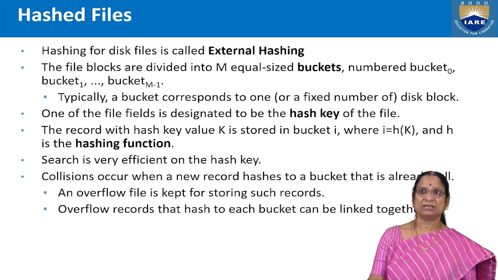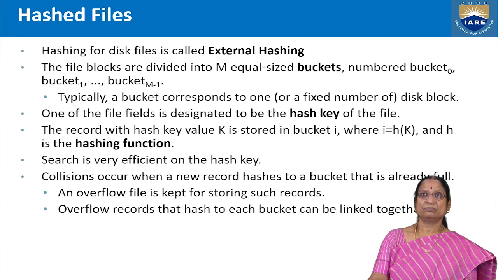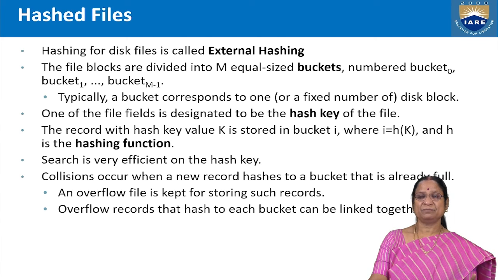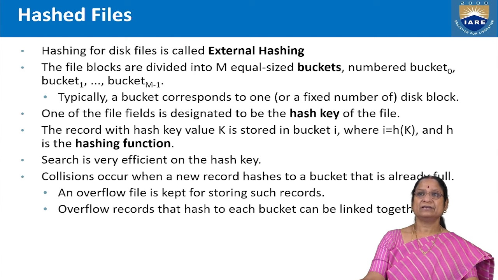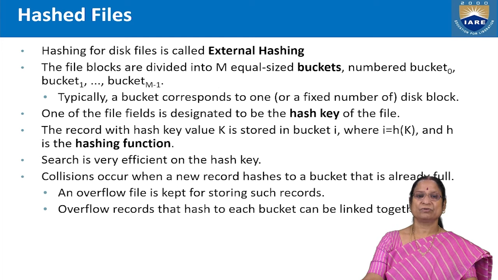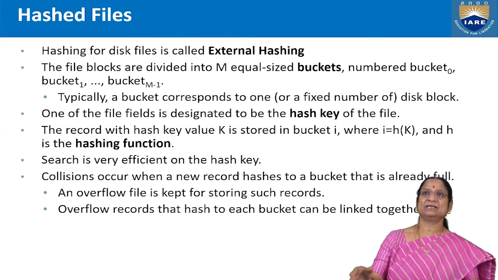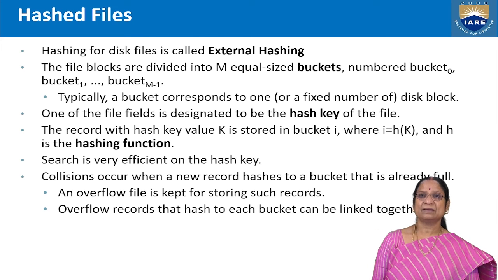Then there is the hash key. On a particular attribute or a set of attributes, the hash function is applied to get the address of the respective record. What is a hash function? It is a mapping between the key and the address of the bucket through some function.